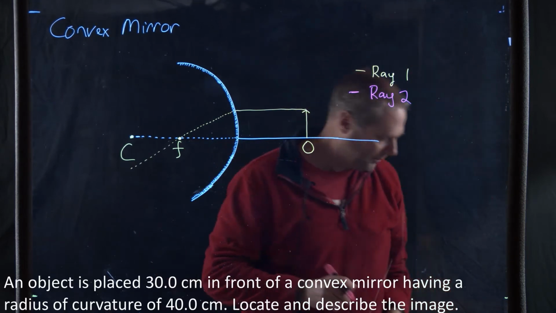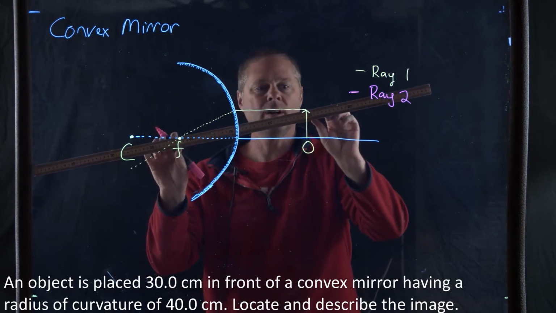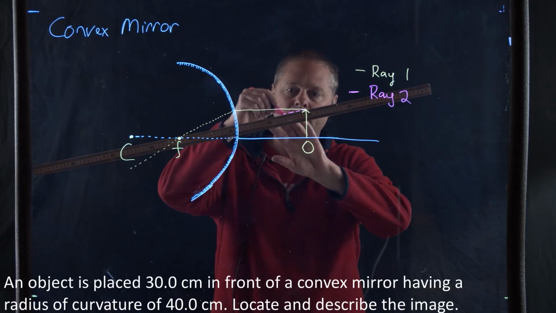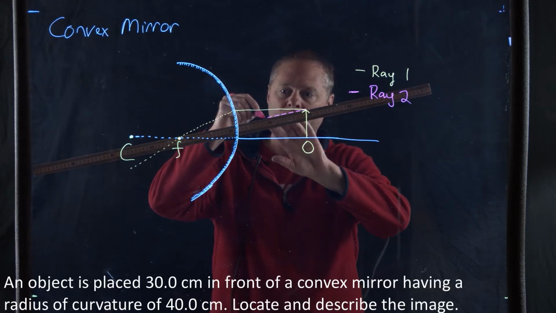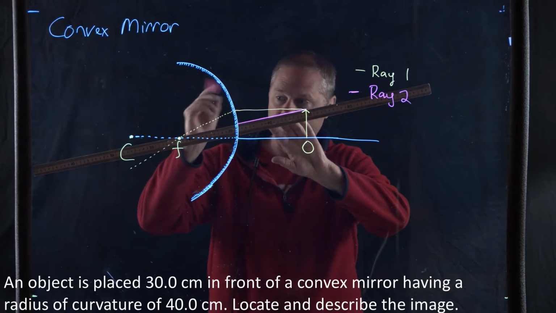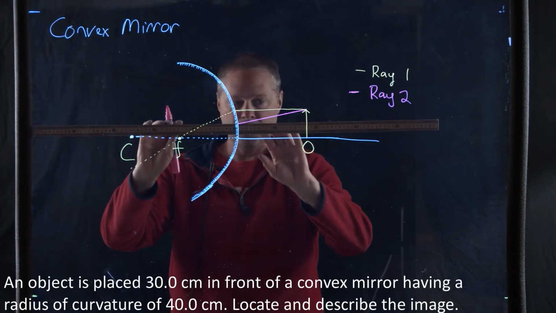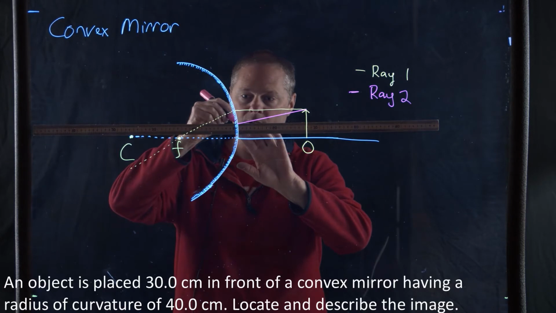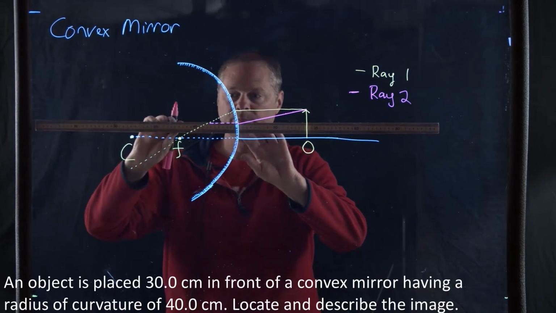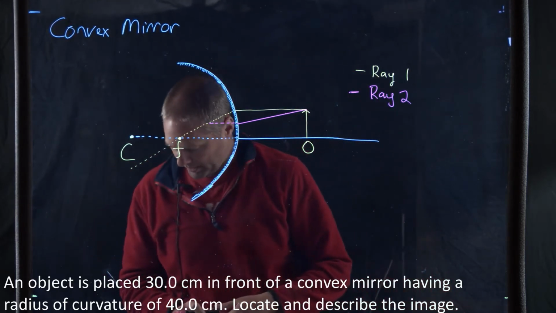I should use a ruler to help me do this. So this is going to be a solid line right to there. And then from here, once it hits that mirror, it's going to be parallel to the principal axis as such. And that's going to be our ray 2.